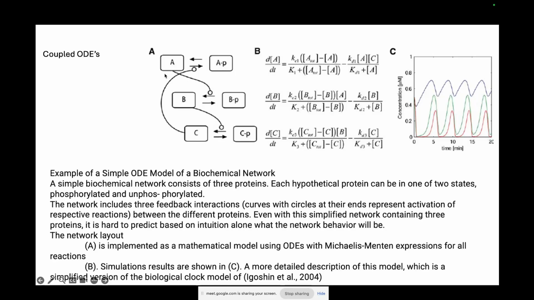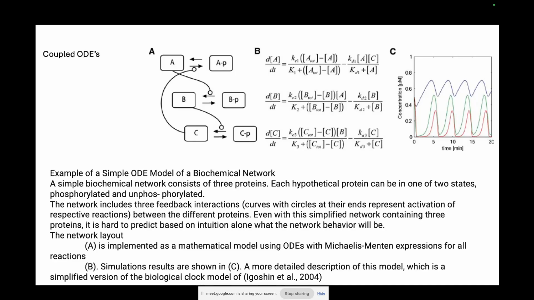For example, in the first reaction, A is getting converted to AP, but this whole step is getting regulated by another substrate, which is C, which is involved in a reaction of its own. This is what we call coupled reactions, or coupled ODEs, that we need to write for describing this particular system.